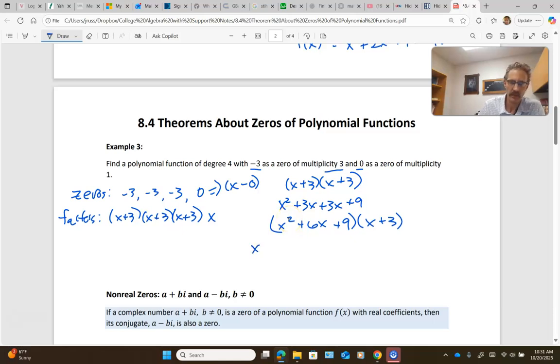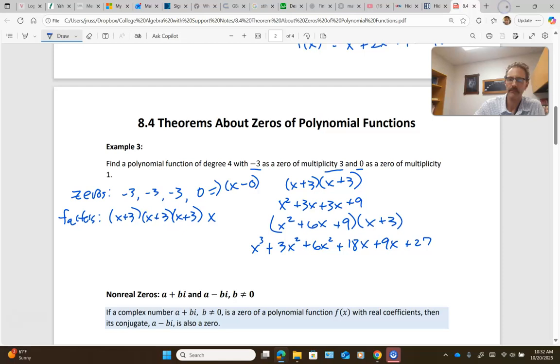And you're going to get x cubed plus 3x squared, and then distribute your 6x: 6x squared, and then 6x times 3 will be 18x, and then you're going to distribute your 9, we get 9x and then plus 27.